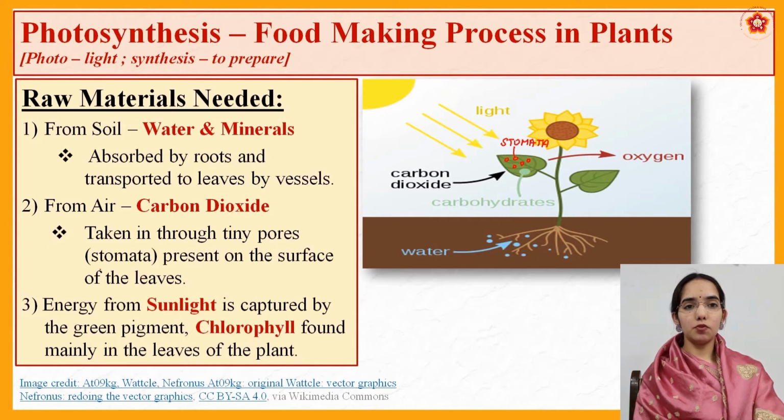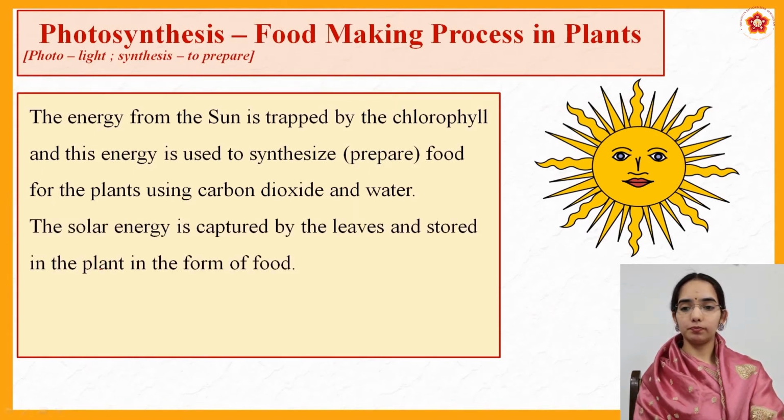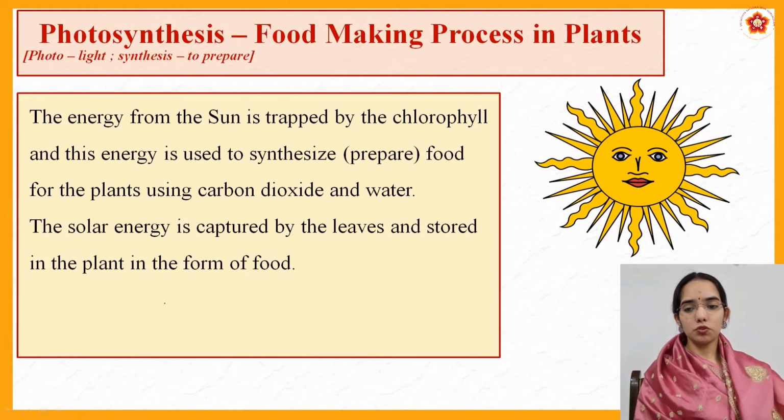And what is that plant food? It is a type of carbohydrate called glucose. So the energy from the sun is trapped by the chlorophyll, and this energy is used to synthesize food for the plant using carbon dioxide and water. The solar energy is captured by the leaves and stored in the plants in the form of food. So students, what we are seeing over here is like the sun.